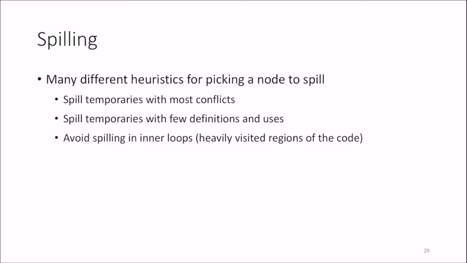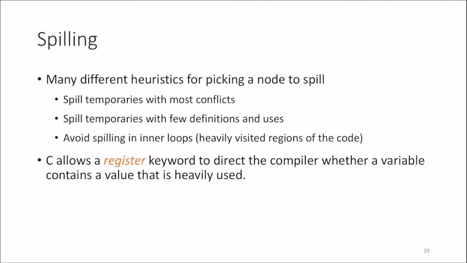C allows a register keyword to direct the compiler whether a variable contains a value that's heavily used. Although in practice nowadays, it's better to let the compiler do the optimization rather than do the optimizations by hand.